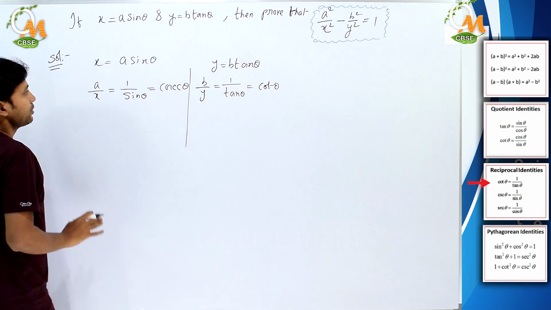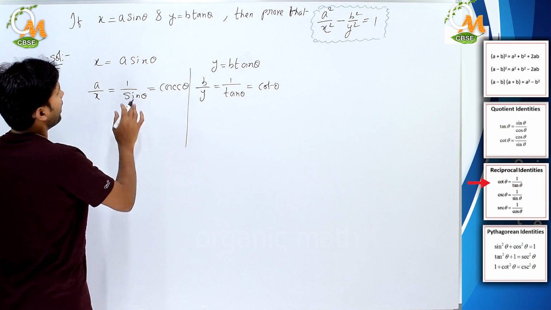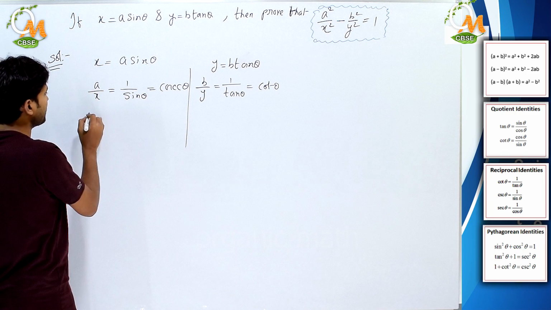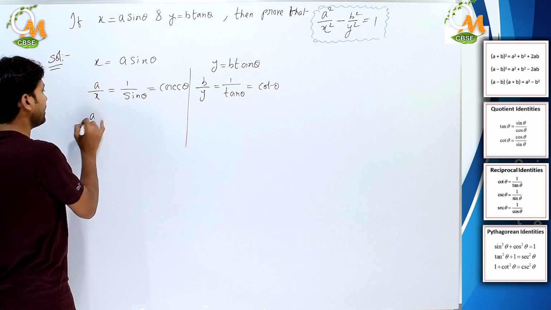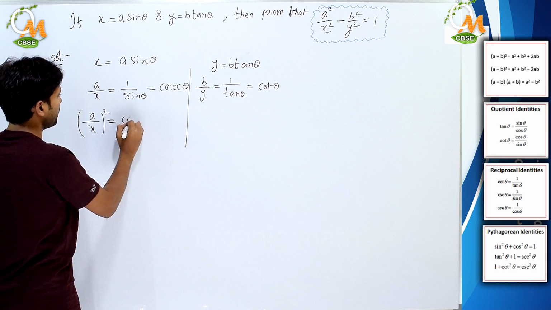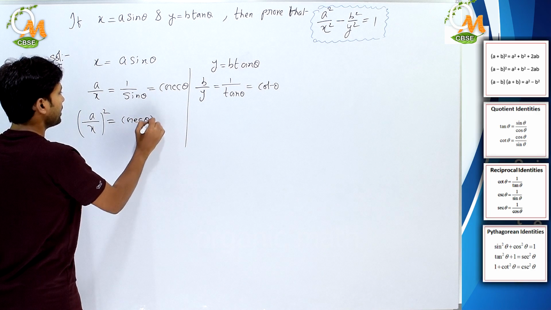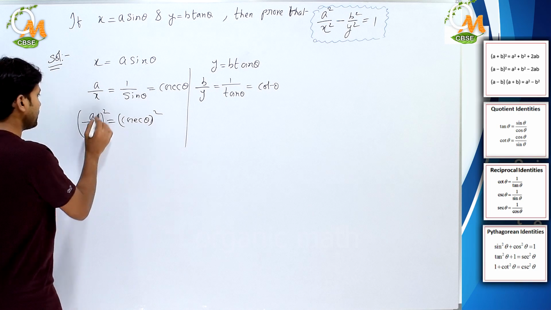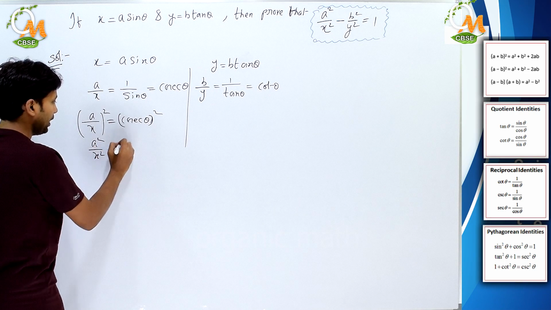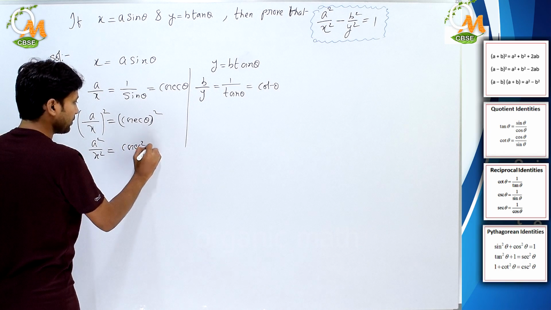So now square on both sides. For the first condition, squaring on both sides, what do we get? A by x whole square equal to cosecant theta whole square, so a square by x square equal to cosecant square theta.